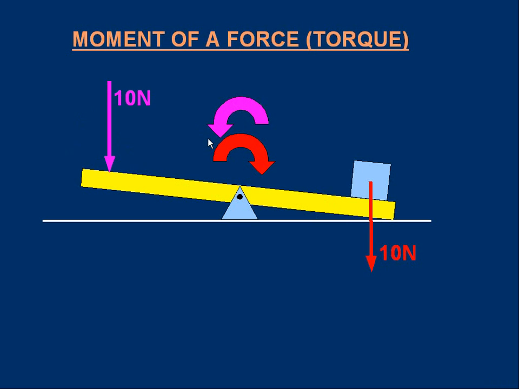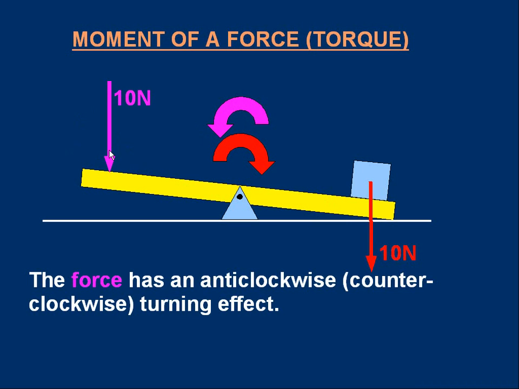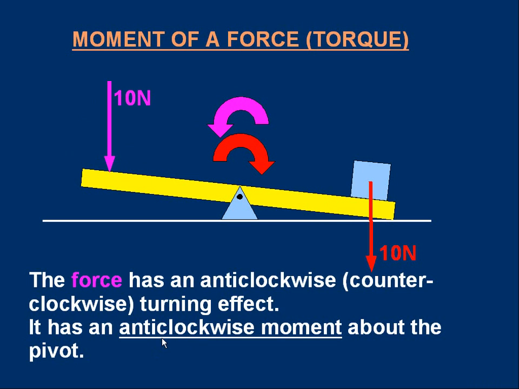So we can say that the force we've shown in purple has an anti-clockwise turning effect, or in the language of moment we'd say it has an anti-clockwise moment about the pivot. It's got a tendency to cause rotation in an anti-clockwise direction, with the pivot being the centre of rotation.